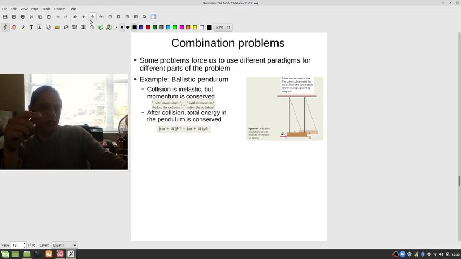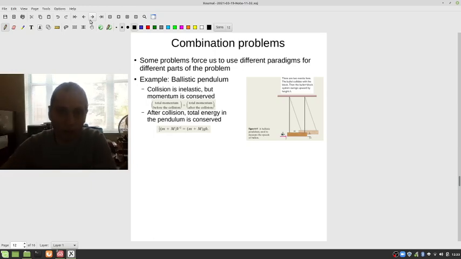But usually, if you have like a bullet squishing into the block, you have momentum conservation in the part where there's some deformation of the object going on. You have energy conservation after that when you just have a transfer of the mechanical energy from kinetic energy into gravitational potential energy.